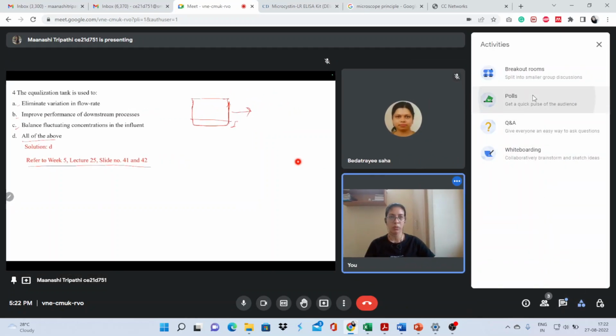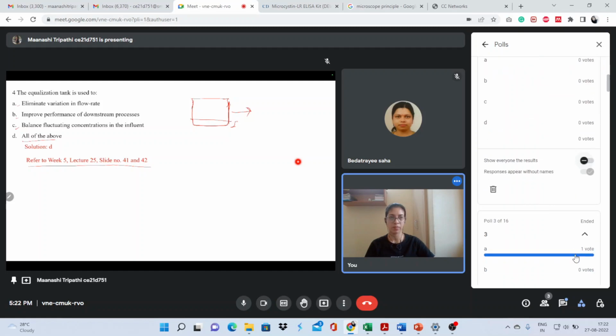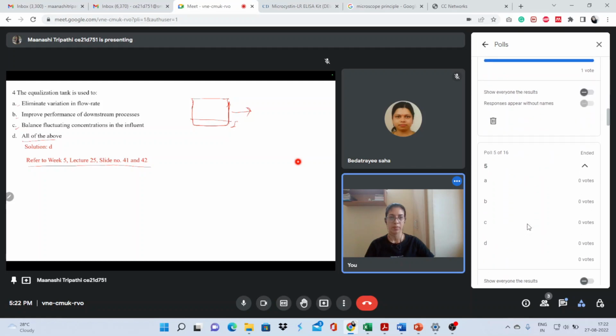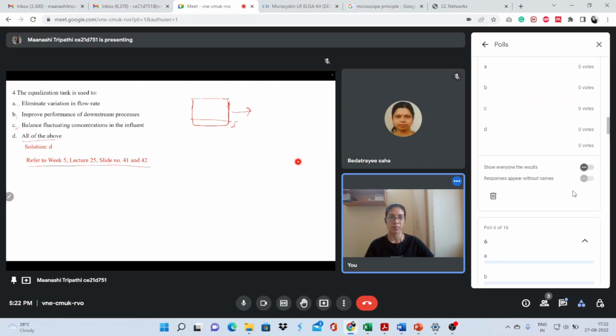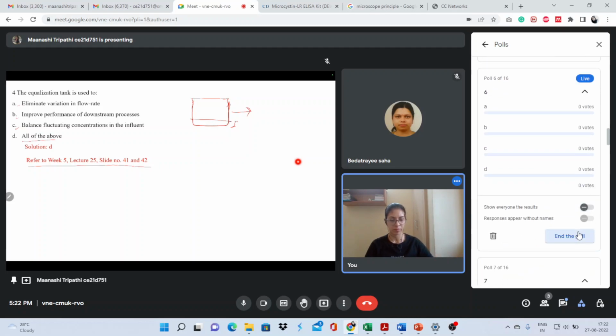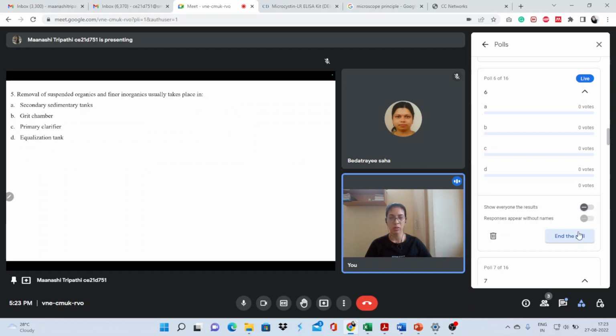We'll move towards next question. Removal of suspended organics and finer inorganics usually takes place in suspended organics and finer inorganics.